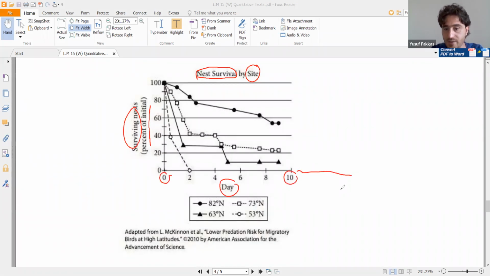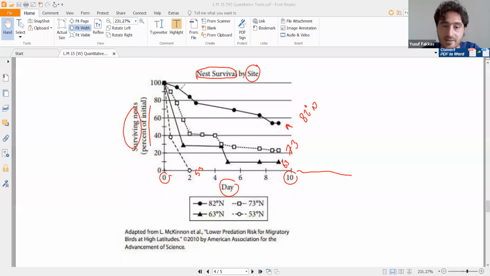So this is the time here, okay? And these are 4 different locations. So this line shows us the location of 82 degrees north. And this line is showing us the 73. This line is showing us the 63. And this line is showing us the 53. Okay, so what's happening over time?